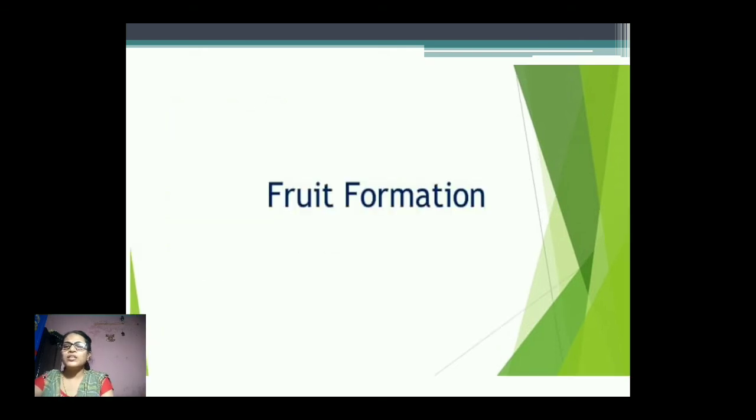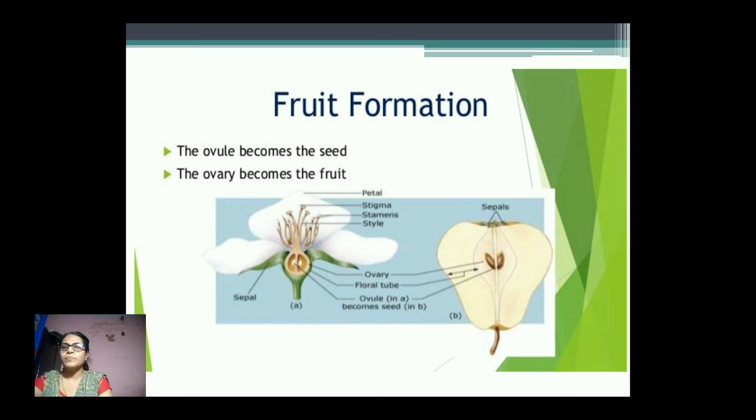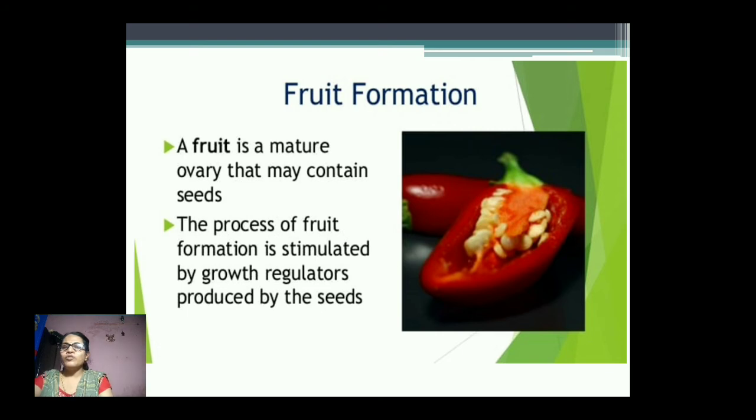Then how is fruit produced? Fruit formation. The ovule becomes the seed. After some time, the zygote divides and at last the ovule becomes the seed and the ovary becomes the fruit of the future plant. Then fruit formation. A fruit is a mature ovary that may contain seed, and the process of fruit formation is stimulated by growth regulators produced by seeds.